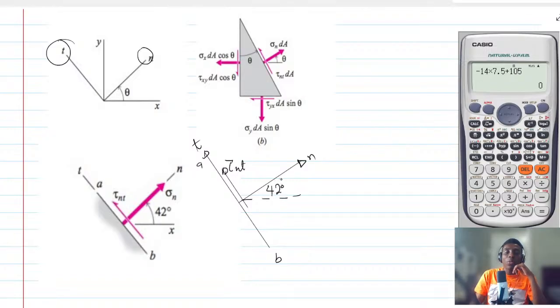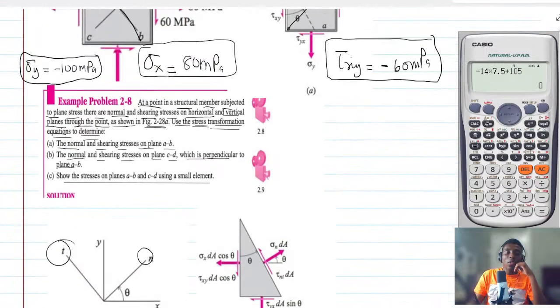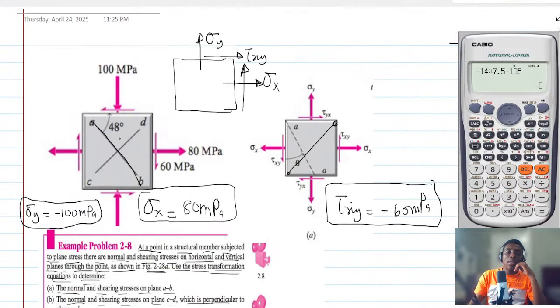It's very simple. If this is normal to this plane and then this is 48, so let me go back.